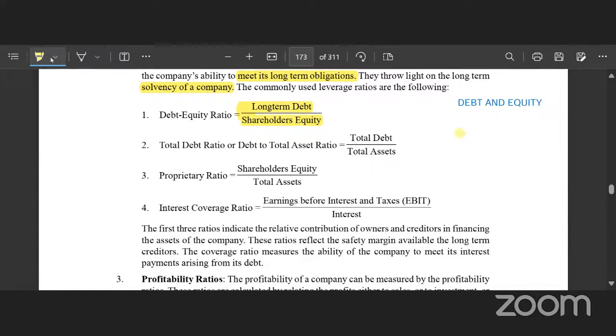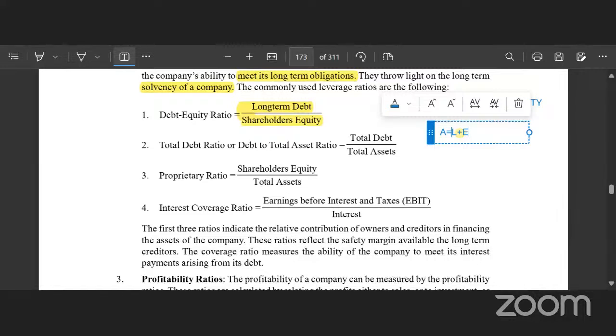If you observe the balance sheet, just let me write here. Assets is equal to liabilities plus shareholders equity.